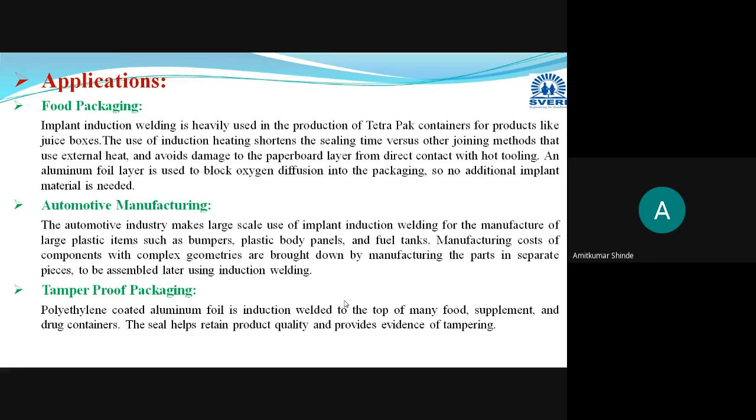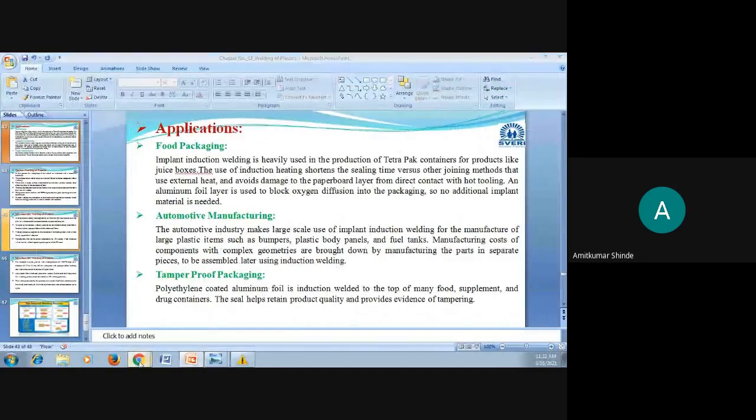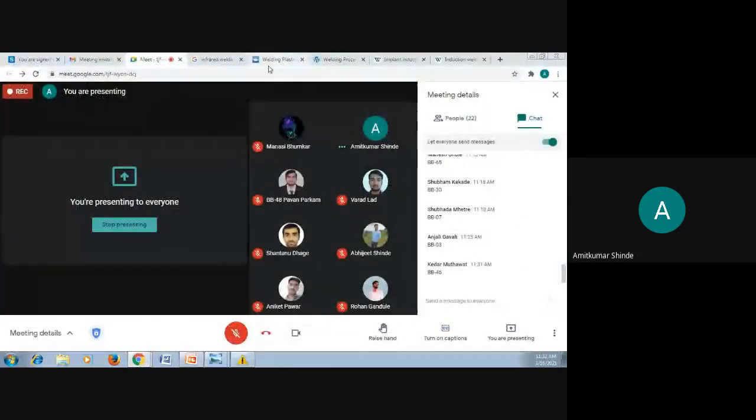That Tetra Pak juice box or container is made with the help of this implant induction welding only. The use of induction heating shortens the sealing time here due to the external heat. I will show the diagram for this Tetra Pak for food packaging so that you will understand it.